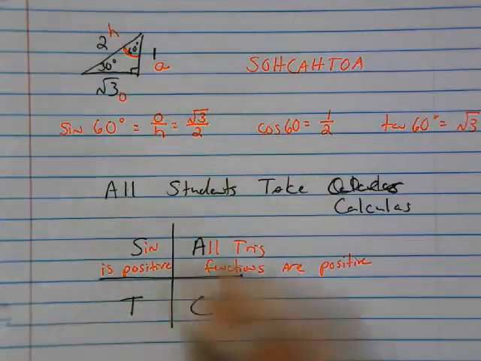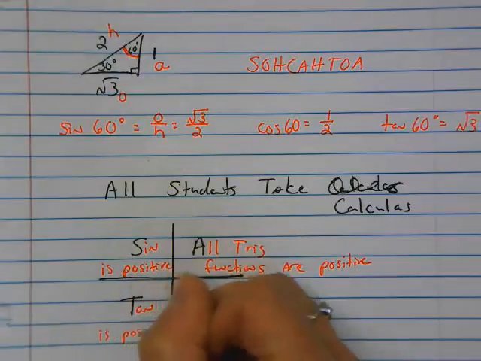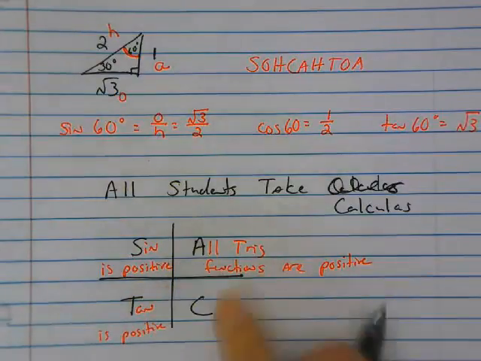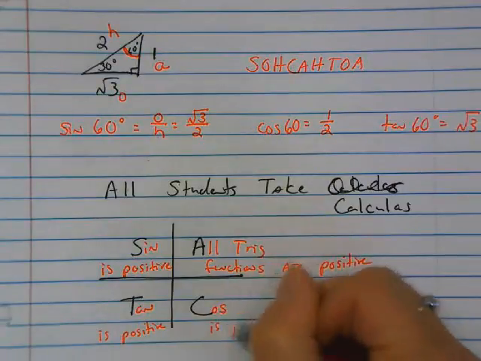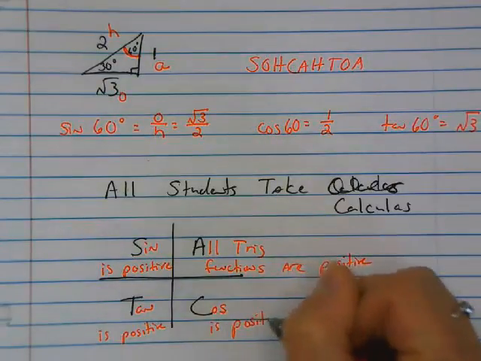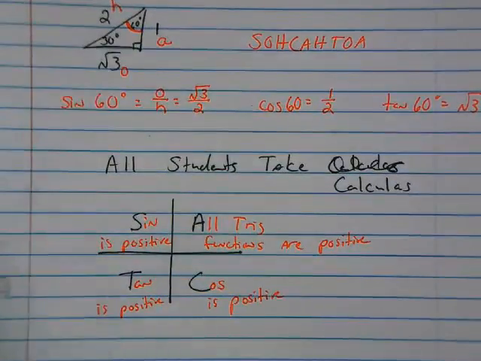And C stands for cosine is positive. Okay? So, tomorrow we will begin by putting all that information you just derived into a very usable function. And I'll show you how to do that.